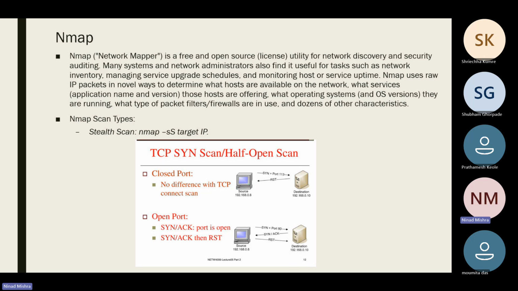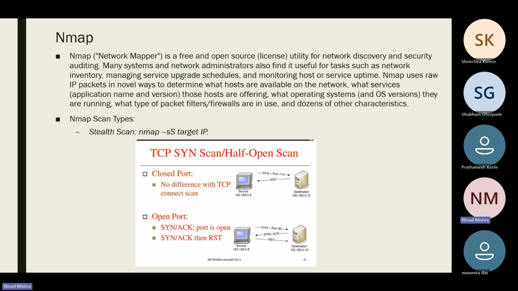So Nmap will basically use raw IP packets in novel ways to determine what hosts are available on the network, what services are running on these servers, which can be applications, or what is the application name and version that those hosts are running, what OS they are running on, and what version, and what kind of packet filtering or firewalls are in use, and other thousands of characteristics.